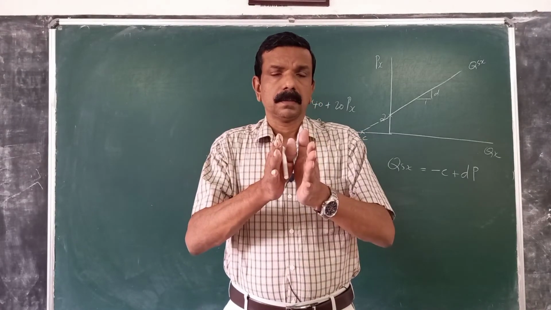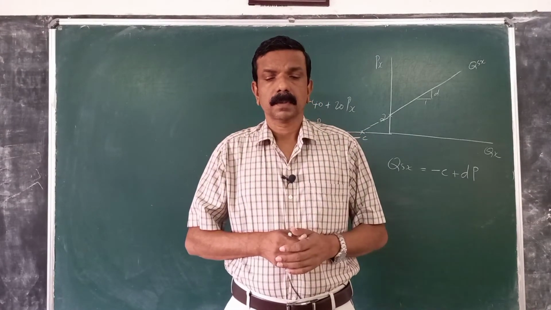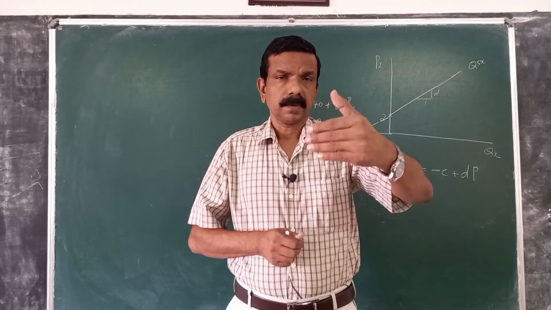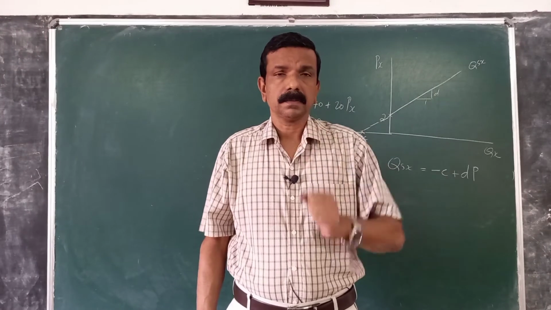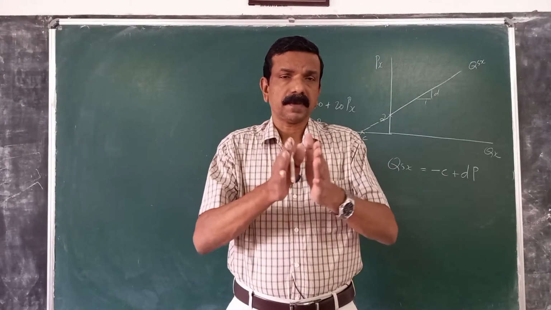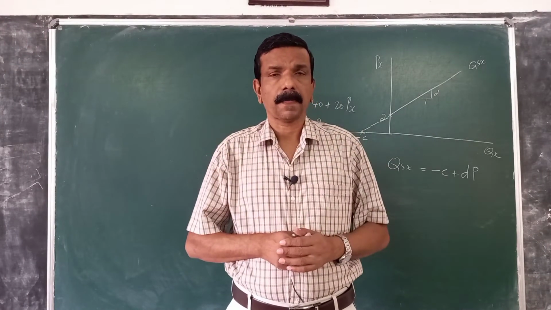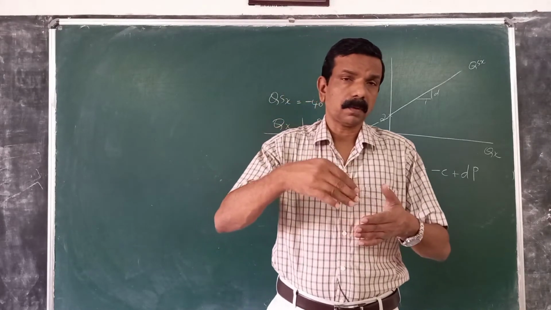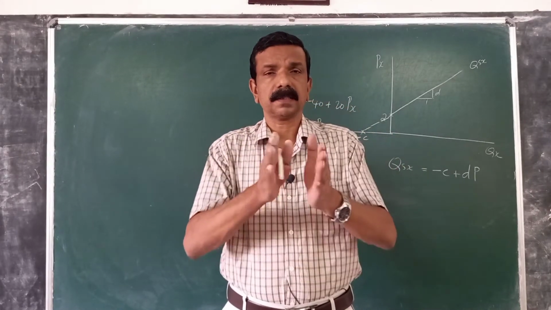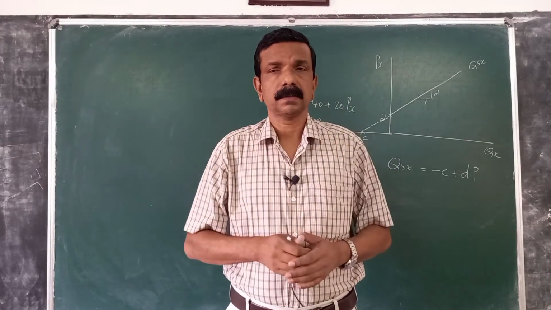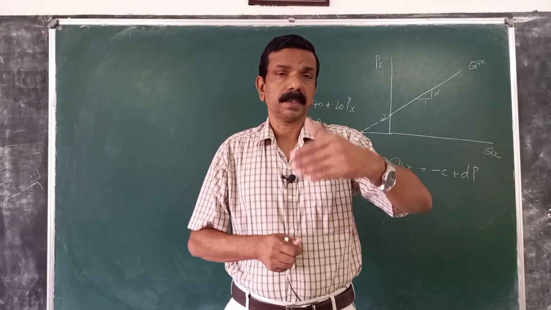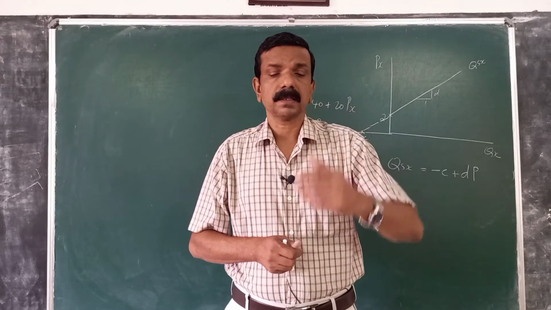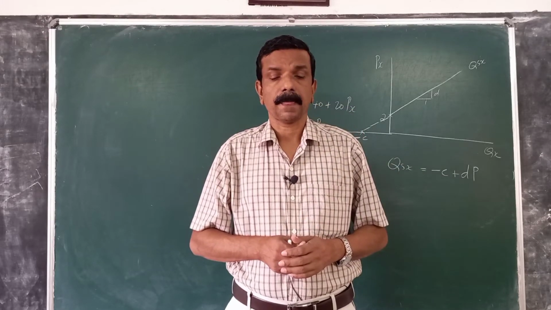Now, remember this, we derive the individual producer's supply curve as a function of the price of x, keeping all the other factors affecting quantity supplied constant, like technology, prices of inputs, weather and climatic conditions, etc.